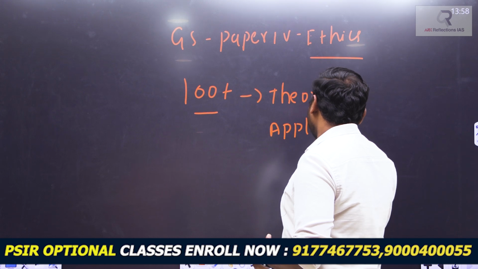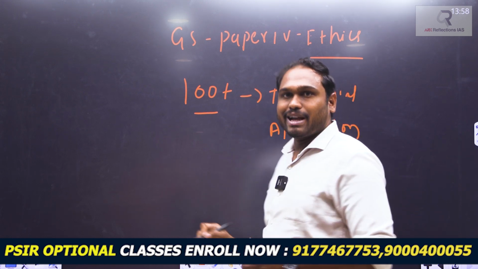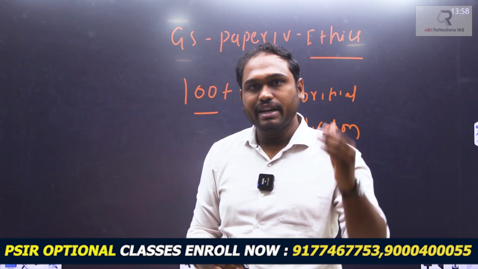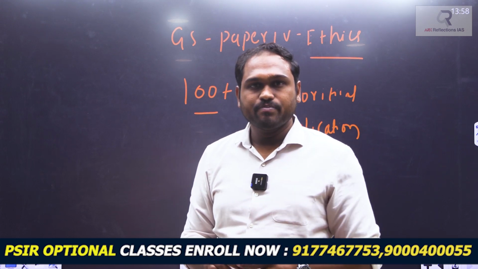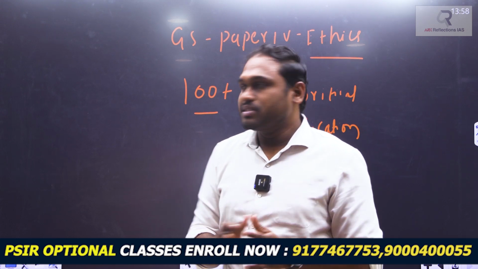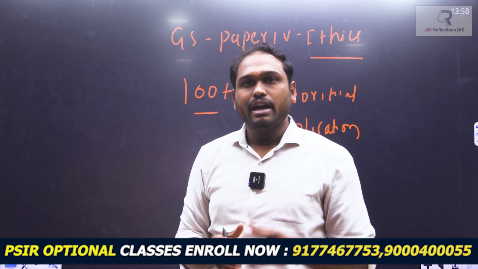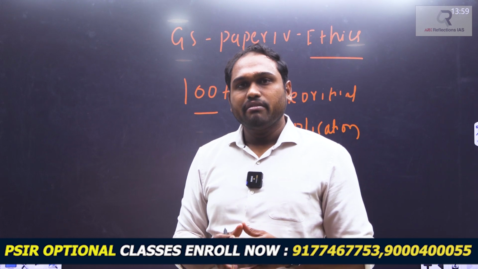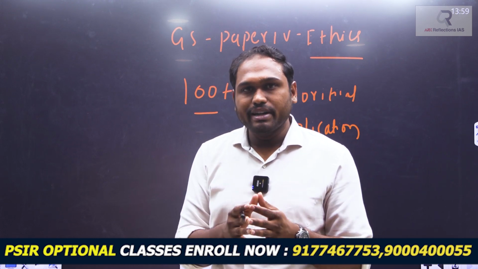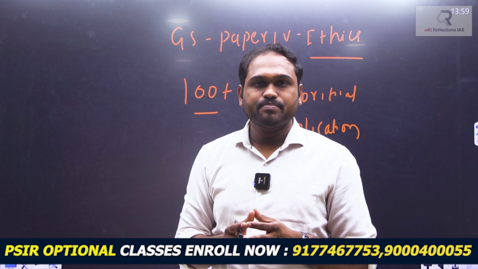We are going to learn this in the PSIR optional. Application of the theories that we are going to learn in paper 1 part A. In that we have a lot of theories. The same theories regarding the ethical conduct of human beings in society and civil servants in society. We try to get this knowledge from political science as a discipline.